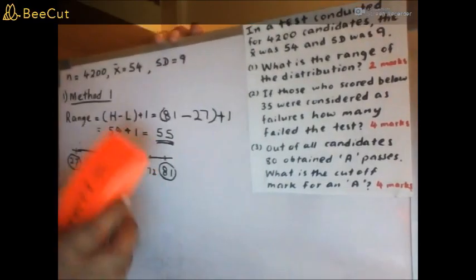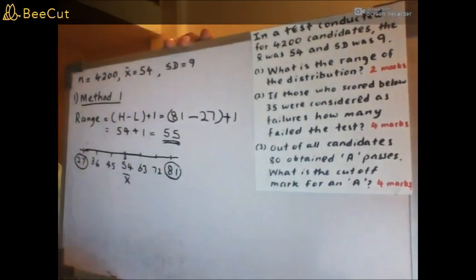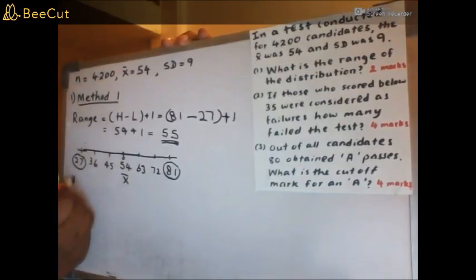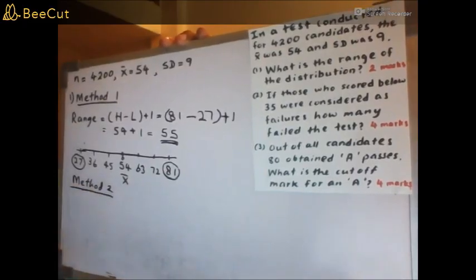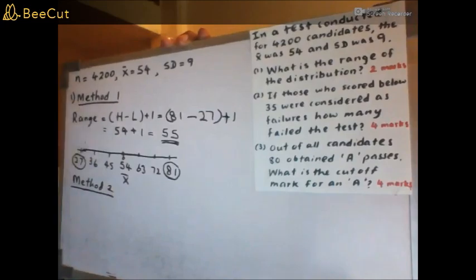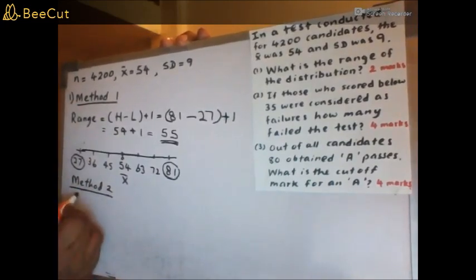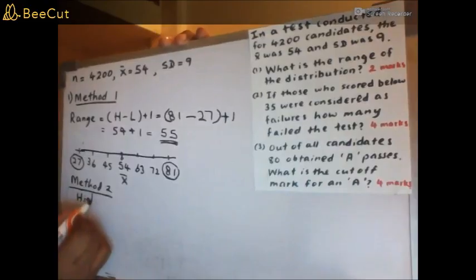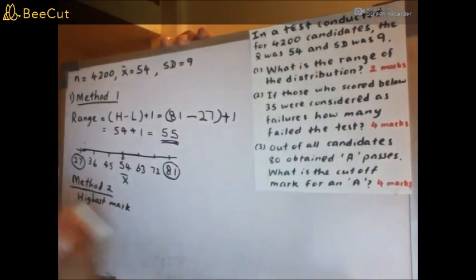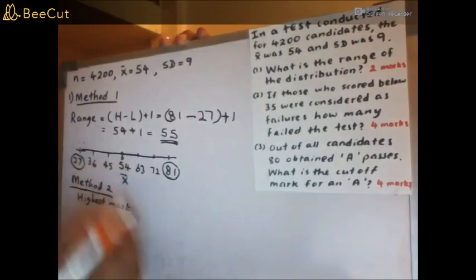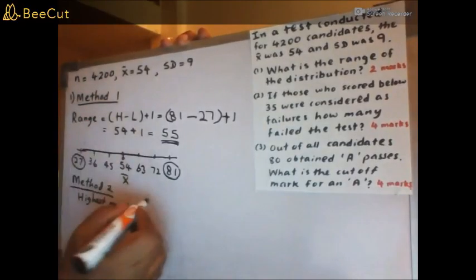Method 2. Method 2 is also like this. Now to get the range, we need the highest value. What's the highest mark? How to get the highest mark? This 54 is there.